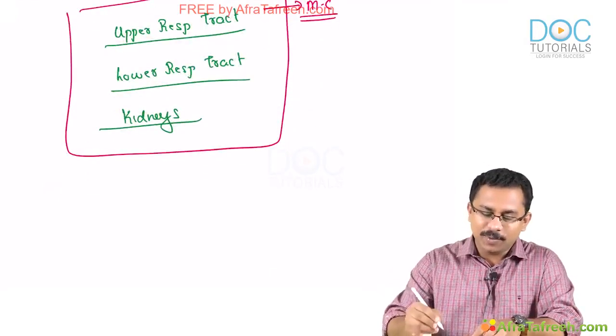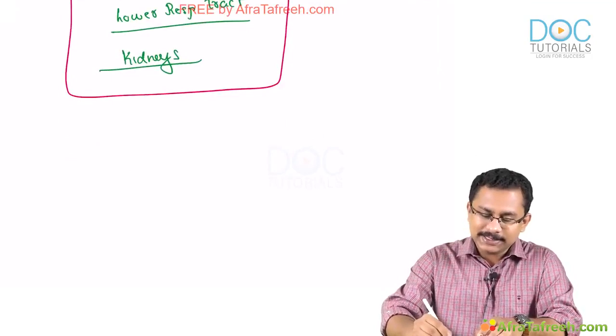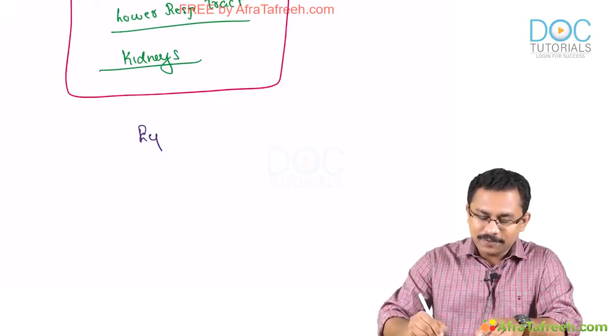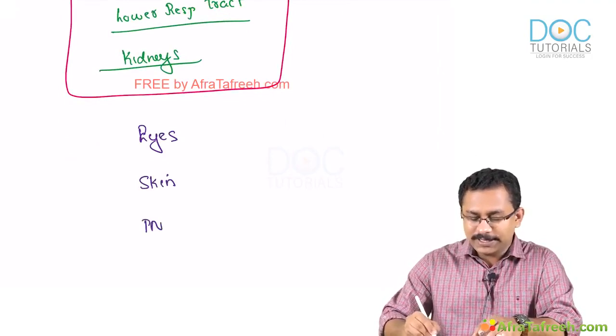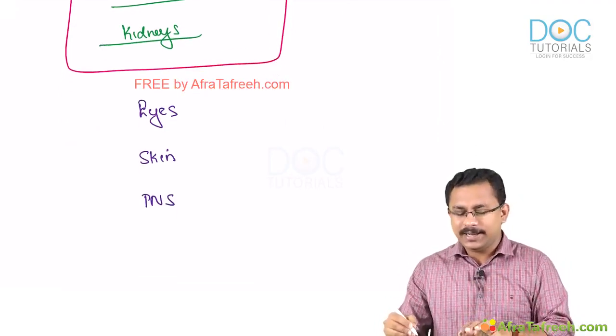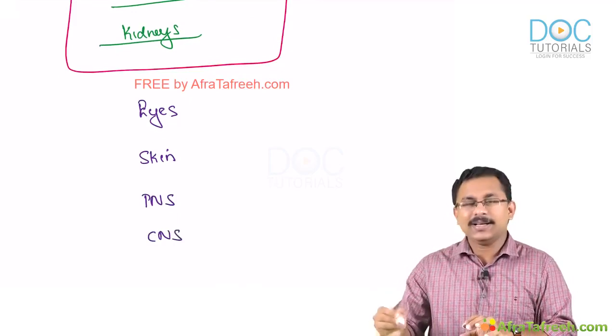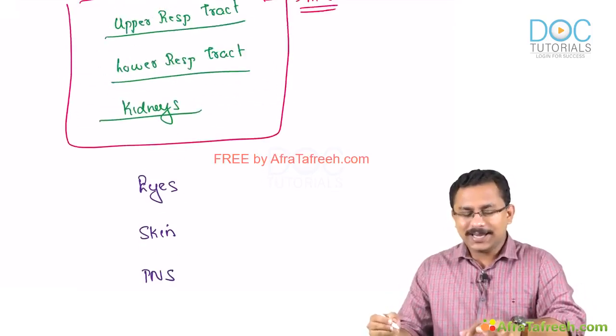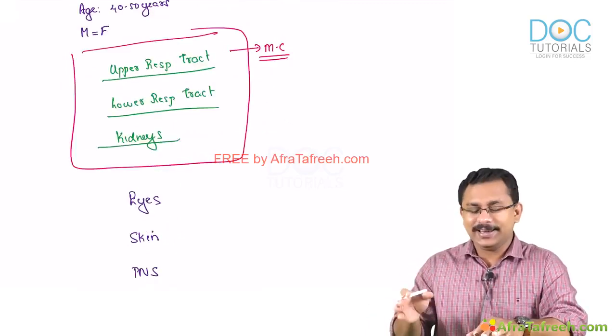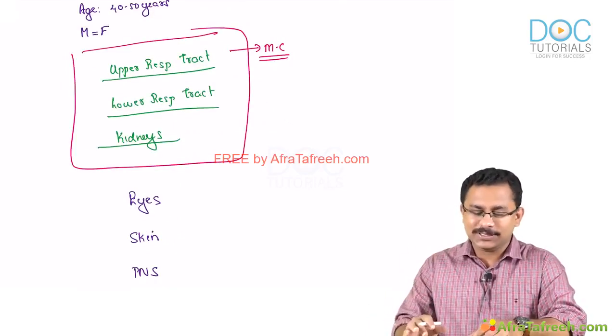But along with this, other organs also can be involved. You can have involvement of your eyes, you can have involvement of skin, you can have involvement of the peripheral nervous system, that is you can have a neuropathy associated, and in rare cases a central nervous system involvement as well. Okay. Alright, so these are the various organ systems affected in case of Wegener's granulomatosis.